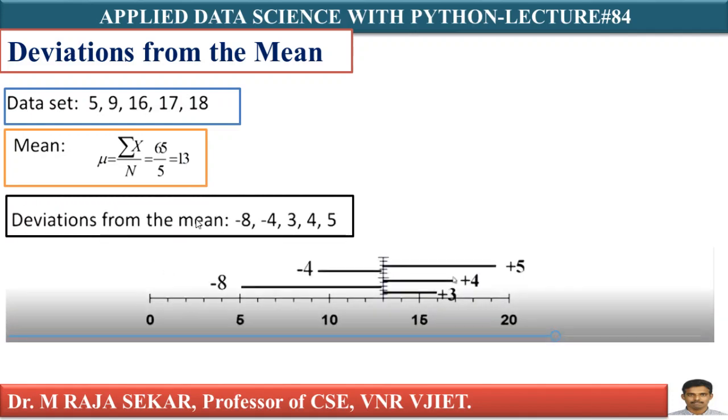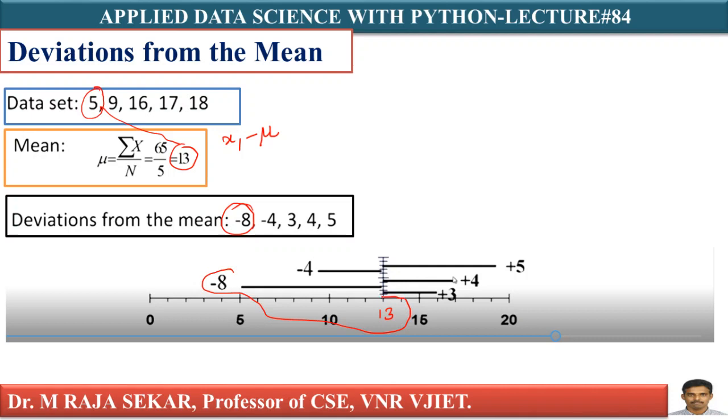Just see the deviations. What are the deviations? How can I find them? They are simple. First, this is x1, this is mu. That is x1 minus mu. What is my x1 minus mu? That is 5 minus 13, that is minus 8. Let me say my 13 is somewhere here. What is the difference between 5 and 13? Minus 8.